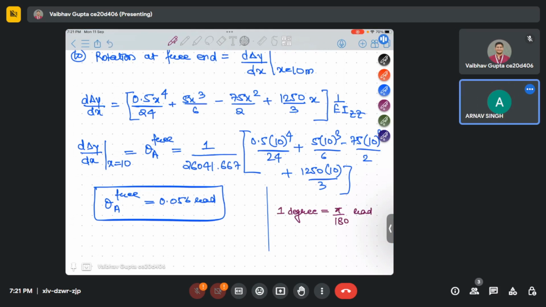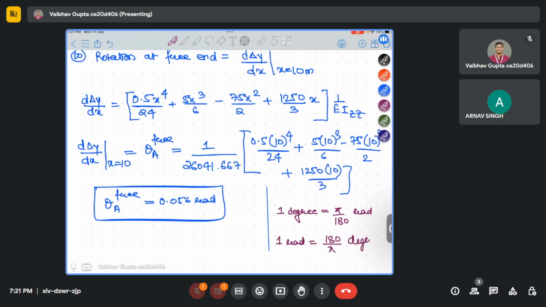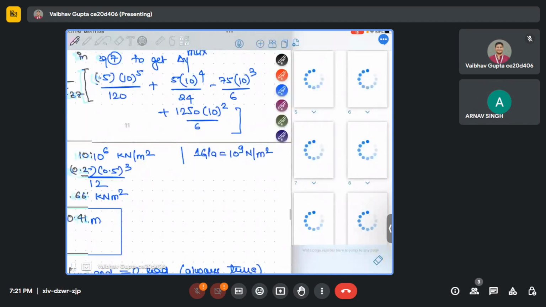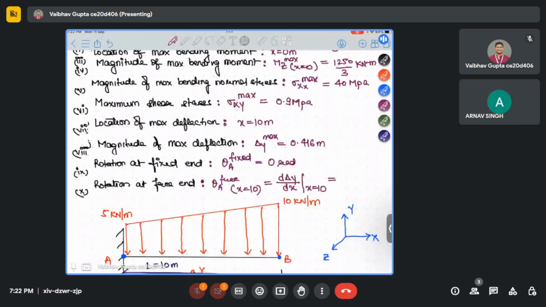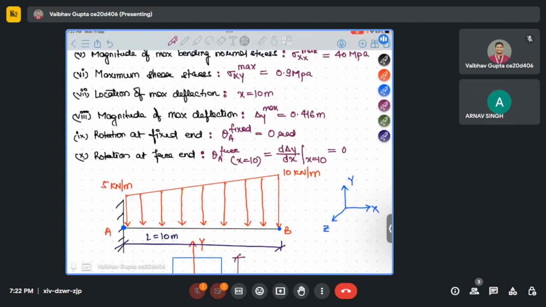So 1 radian will be equal to 180 by pi degree. Got it? Just convert. So this is in radian, so just 180 by pi into 0.056 is in degree. Got it? So the answer will be 0.056 radian.